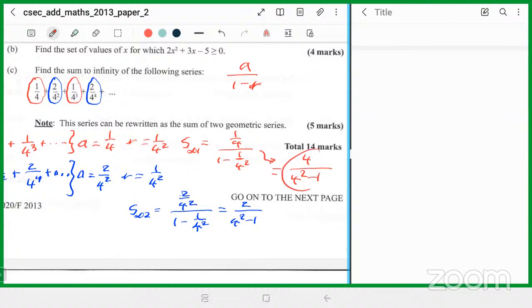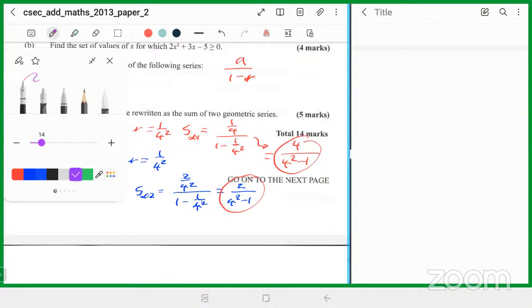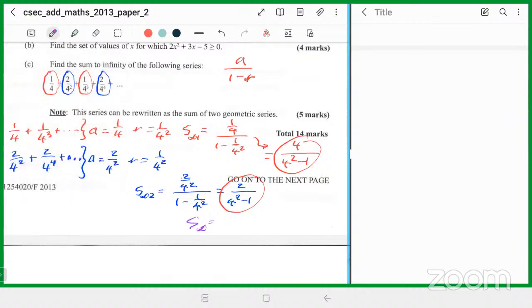So now adding these two, add them to get the sum. My sum, let's put in purple, a different color. My sum to infinity is sum to infinity 1 plus sum to infinity 2. I'm adding those two things. I have the same denominator, so the numerator becomes 2 plus 4 is 6.